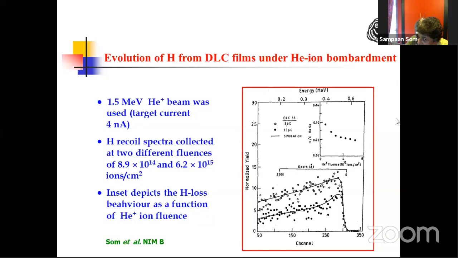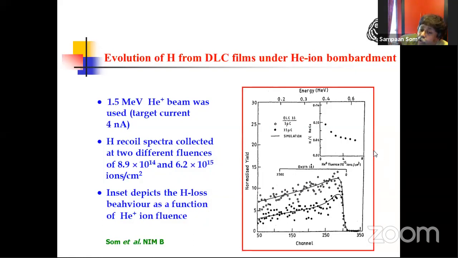You can see that in the beginning the reduction is almost exponential, and then it slowly shows saturation. So this is the 5 microcoulomb spectrum, and this is the 35 microcoulomb spectrum. You can clearly see a significant amount of hydrogen loss has taken place, and this happens due to the evolution of hydrogen; it gets lost from the target.